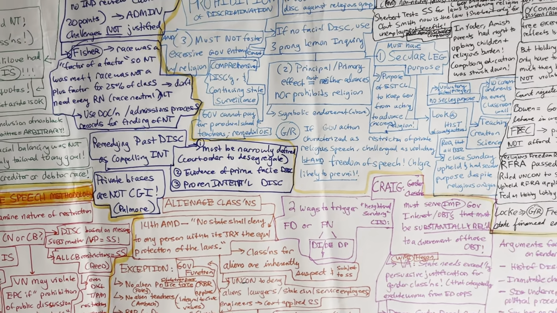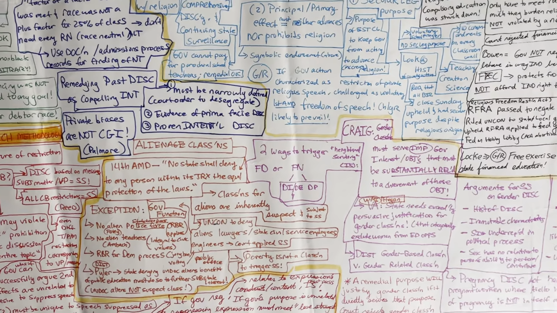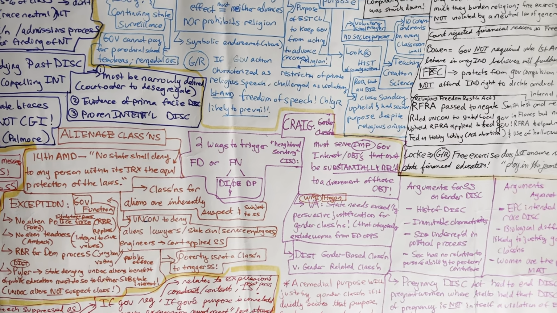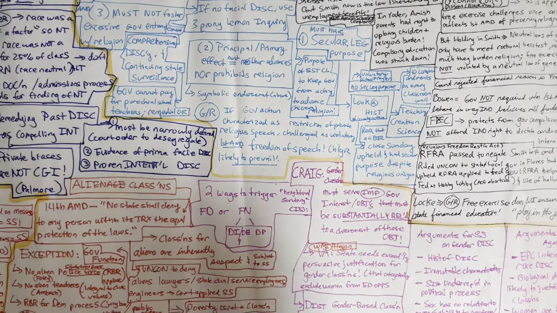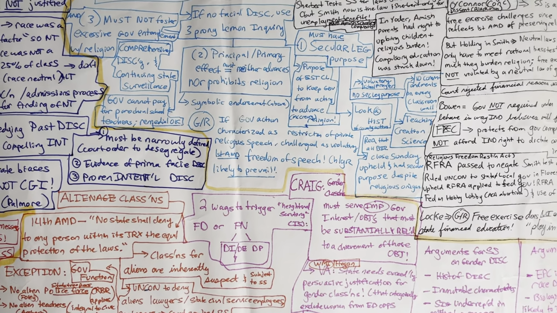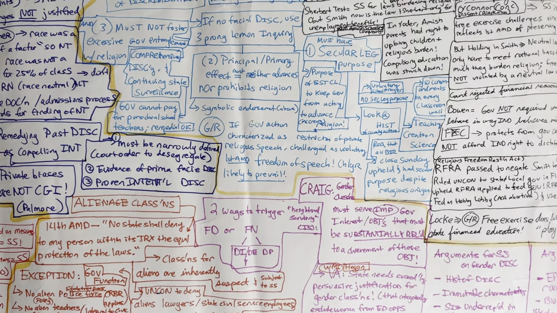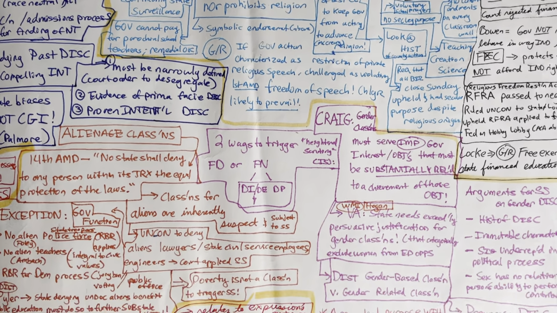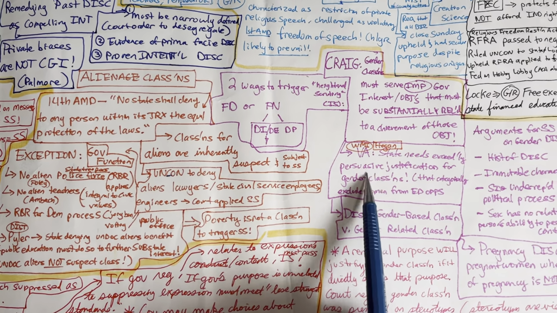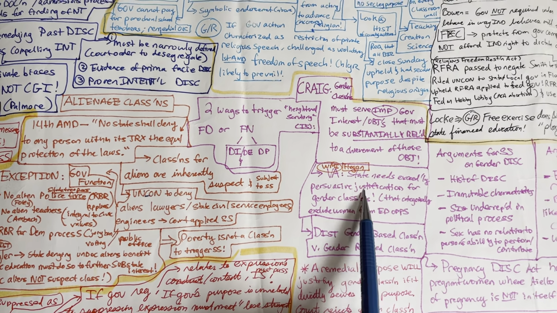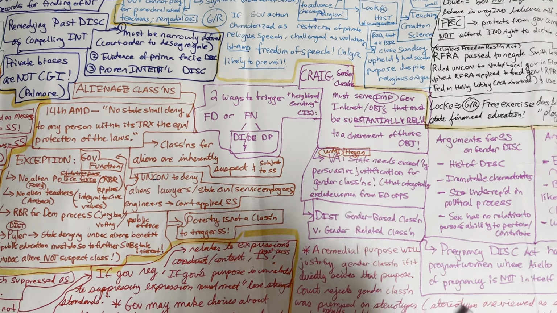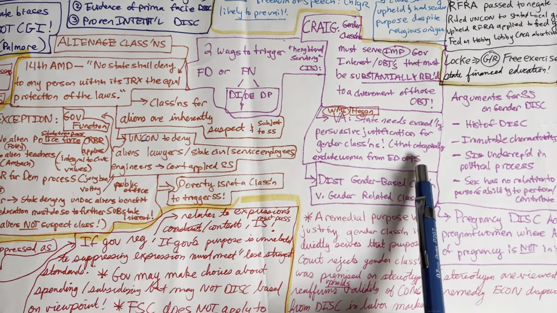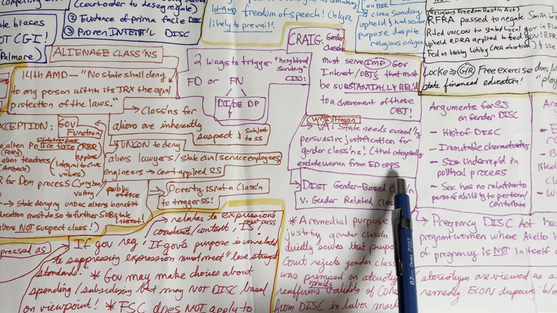And so it must serve an important government interest or objective that must be substantially related. It's distinguished between rationally related and necessary or narrowly tailored. It's important and substantially related to achievement of those objectives. And so in the Virginia case, states need an exceedingly persuasive justification for gender classifications that categorically exclude women from educational opportunities.